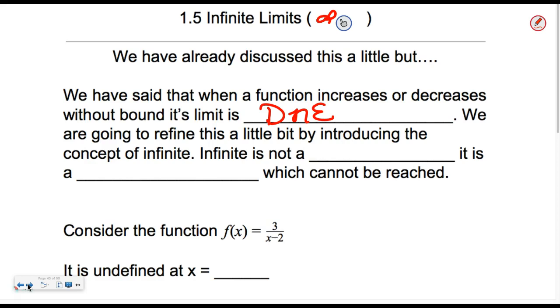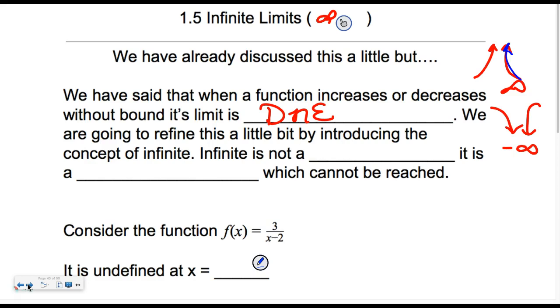So there were 3 things that could happen for your answer. If it's going up from both directions, like this, you can refine your answer to positive infinity. If it's going down from both directions, you can say negative infinity. Or if it's a one-sided limit and it's just going up, you can say positive infinity.